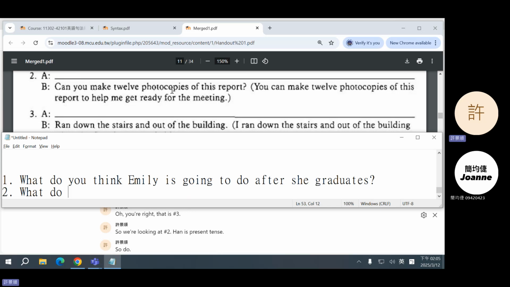Can you make 12 photocopies of this report? Interesting. The answer is a question. Okay, so the information is you can make 12 photocopies of this report to help me get ready for the meeting.